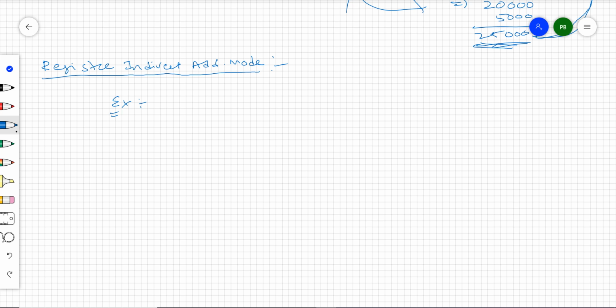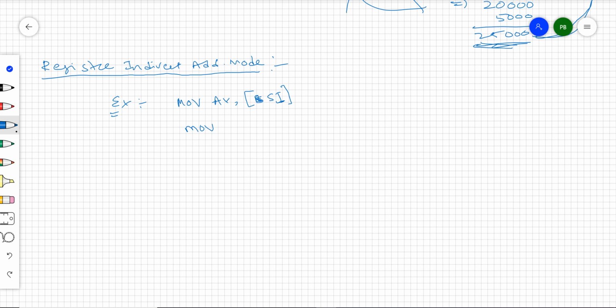These are similar to the previous example, indirect addressing mode. So, move AX comma, for example, here I kept SI. Sorry, this is all indirect addressing mode only. You can also say this is indexed addressing mode. This is register indirect addressing mode, or source indexed mode.